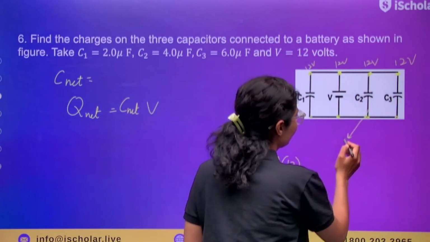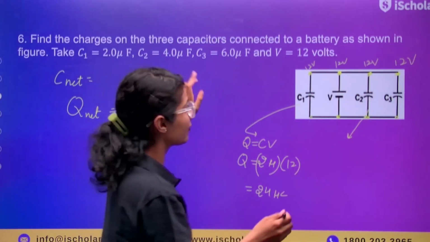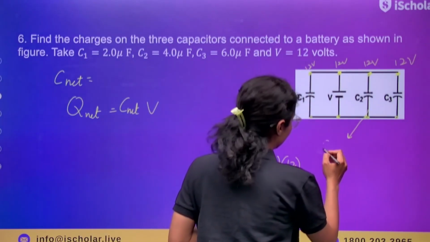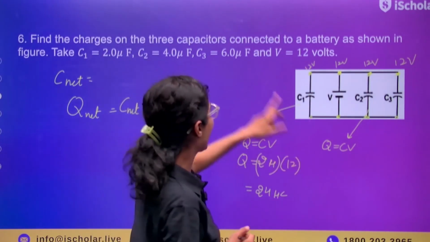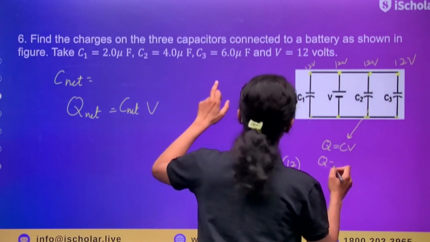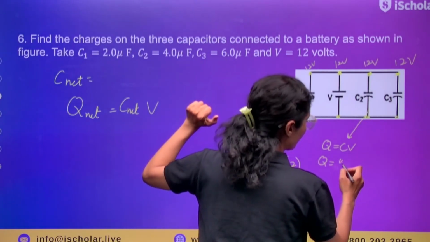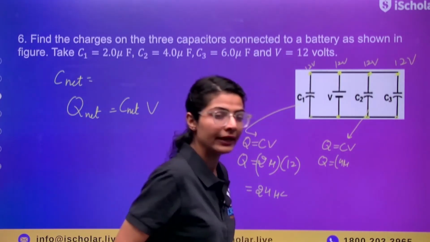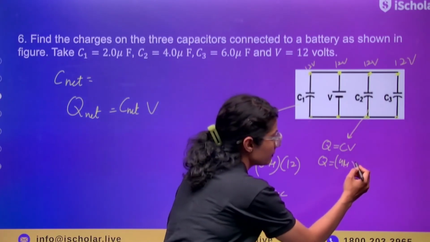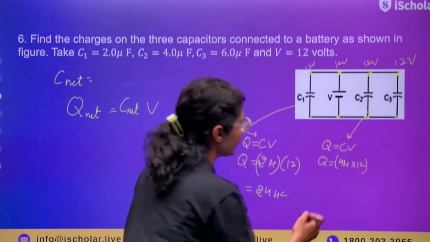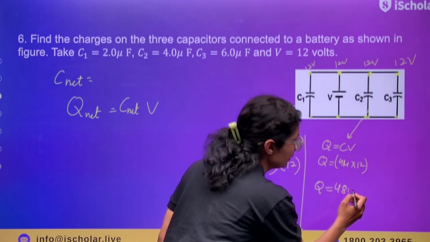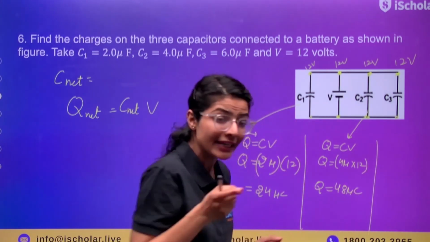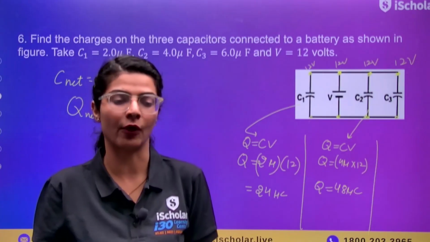What about this? Similarly, we can do it for both of them. For this, the capacitor value is 4, so again Q equals CV. The charge will be the capacitance, which is 4 microfarad, into the potential, which is 12. From here you get the charge flowing through this as 48 microcoulomb. Make sure you write all the units along with it.